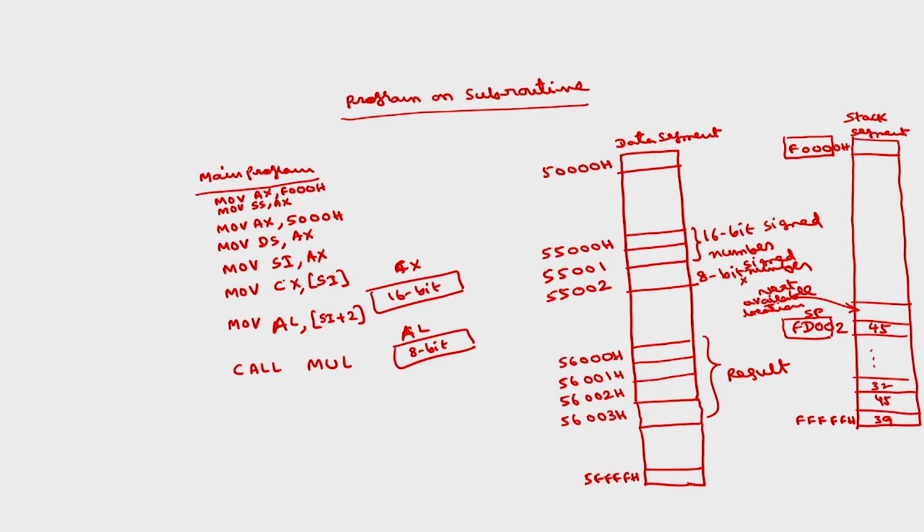Then you have to initialize the stack pointer with FD00. For the stack pointer you can take the direct address: MOV SP, FD00H.